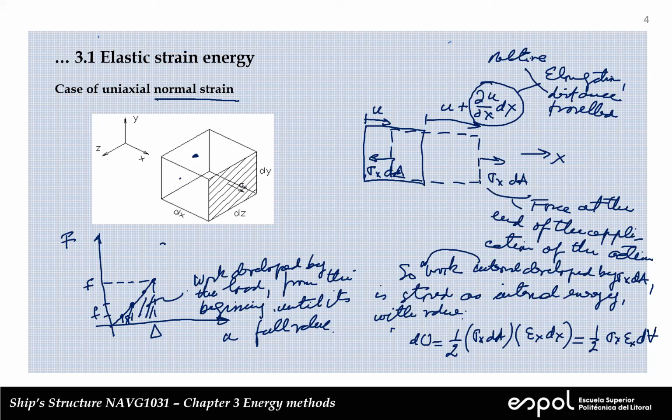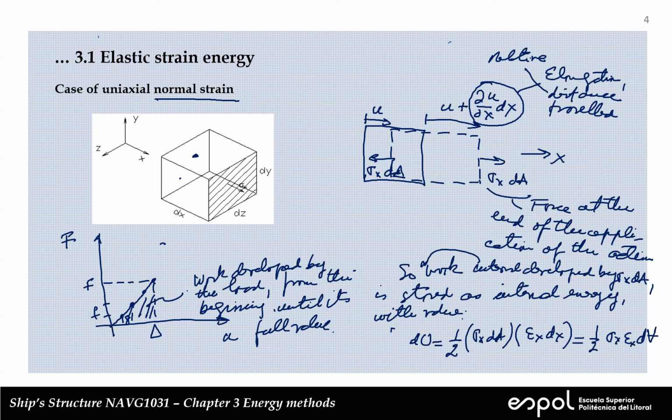Now, since we are in the linear or elastic regime, the two triangles, upper and lower, have the same area. So the complementary energy is equal to the strain energy when we have a linear process. We can take this above the elastic limit, and in that case, the complementary energy will not be equal to the strain energy. But that's something that we are not interested in right now. That's a little bit more complex.